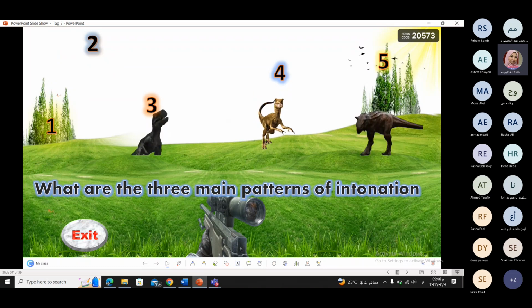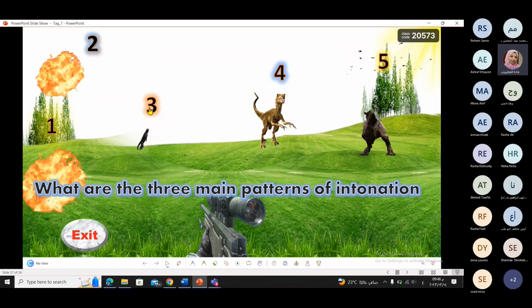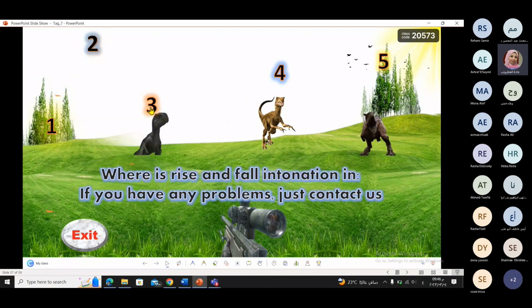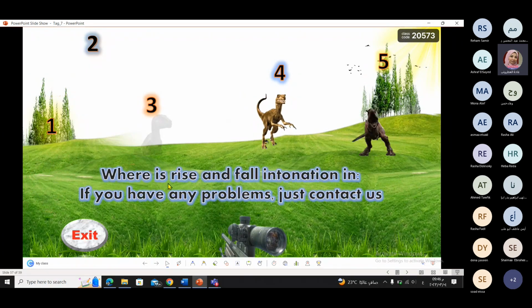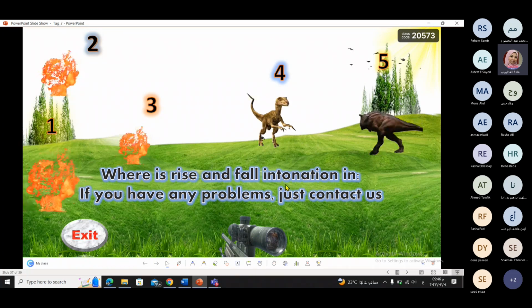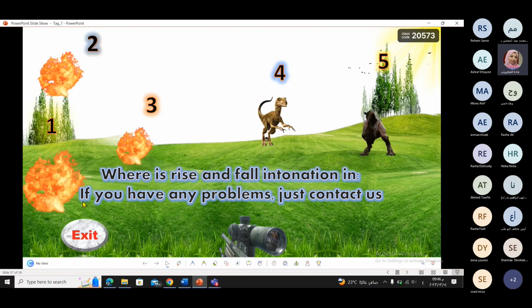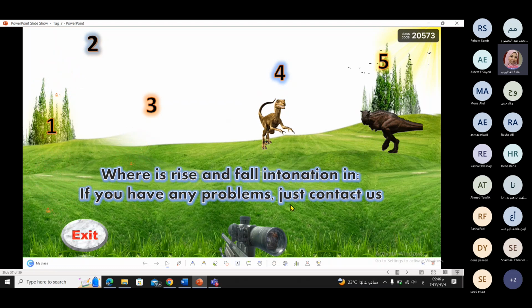Let's have one last question and then we will end. Number three. Where is the rise and the fall intonation in this sentence? Who can read this sentence? It's an if clause, if conditional. If you have any problems, just contact us. Who can read this?